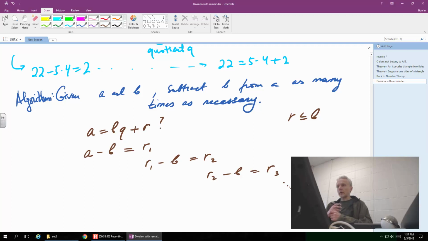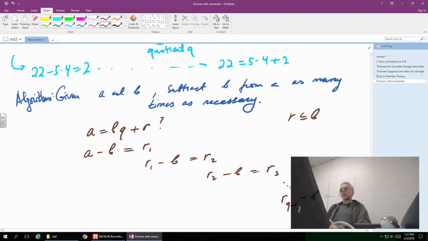So what's the conclusion? The conclusion is that the process has to stop, because before the number becomes negative, at some point, let's say R sub q, after a few steps, I'll have R sub q minus 1 minus b is equal to R sub q.